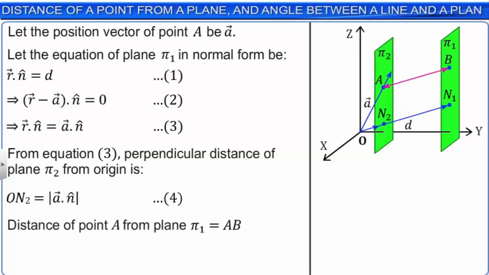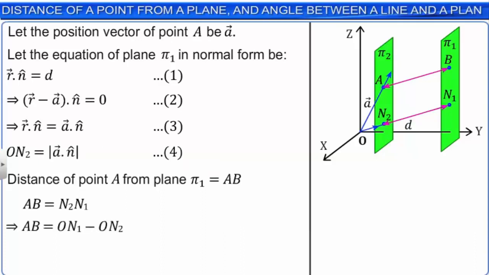Since the planes are parallel, all perpendiculars between them will have the same length. Thus, distance AB is equal to distance N2N1. Distance N2N1 is equal to distance ON1 minus distance ON2.